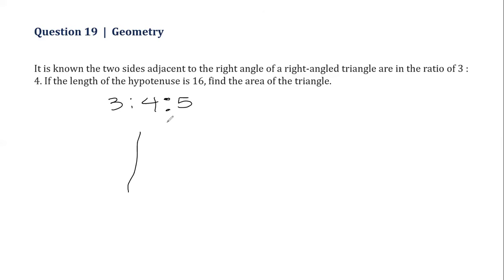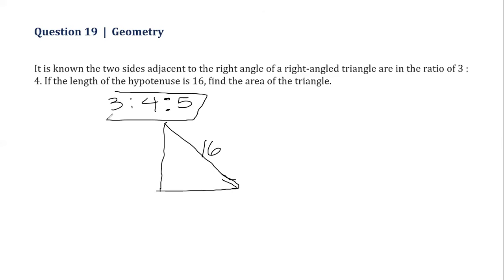However, in this problem, it tells us that the length of the hypotenuse is 16. So the ratio is 3:4:5. Yes, question? No? Okay. So this is the ratio of all the sides of the triangle. I'm just going to write this to make it easier to see.